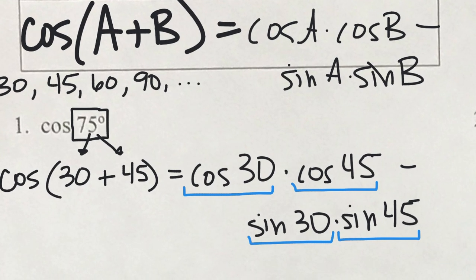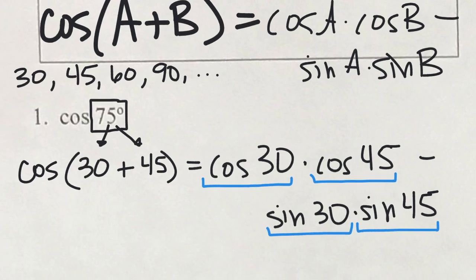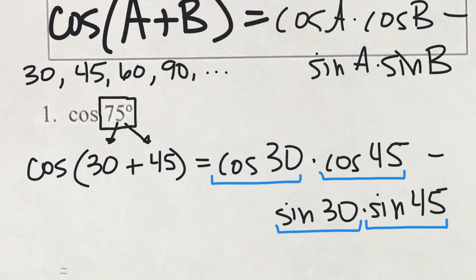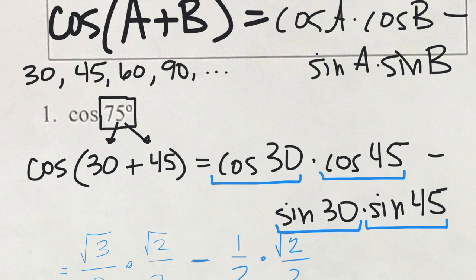The cosine at 30 degrees is root 3 over 2. The cosine at 45 degrees is root 2 over 2. Minus the sine at 30 degrees, which is 1/2, times the sine at 45 degrees, which is root 2 over 2. So all of these values come from your unit circle.